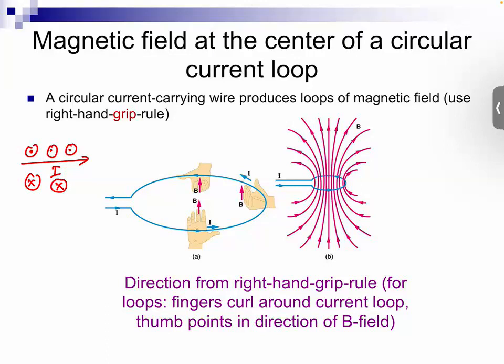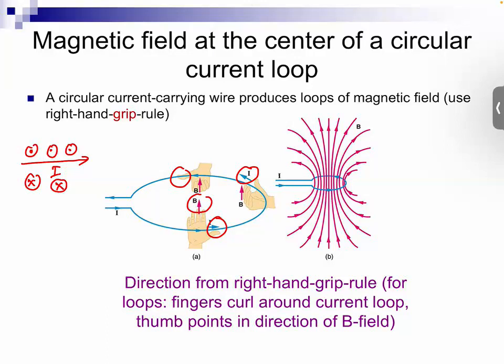So the magnetic field is still forming circular loops around this coil of wire, except that the current direction changes at each point along the loop. But notice how even if the current is changing direction around the loop, the magnetic field lines are always pointing upwards inside the loop.